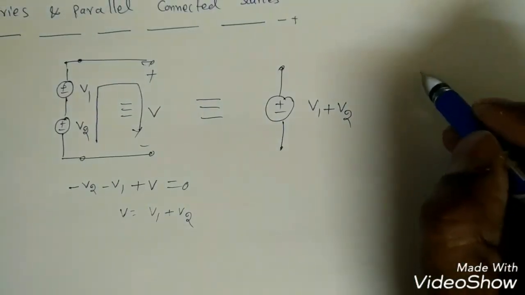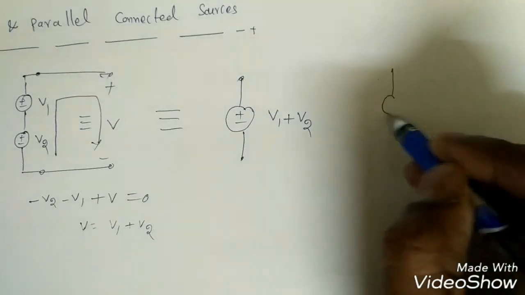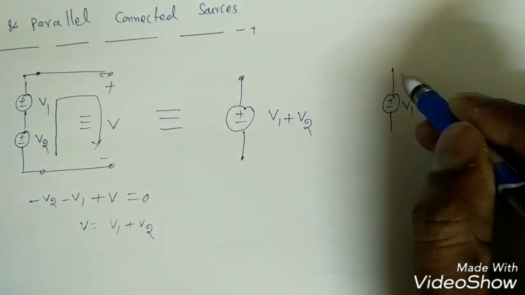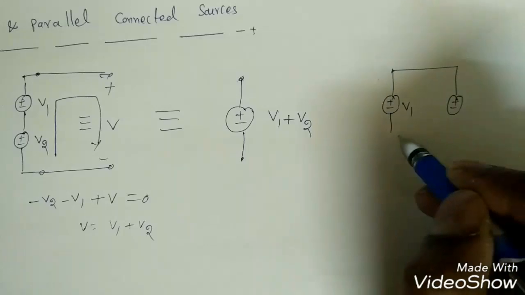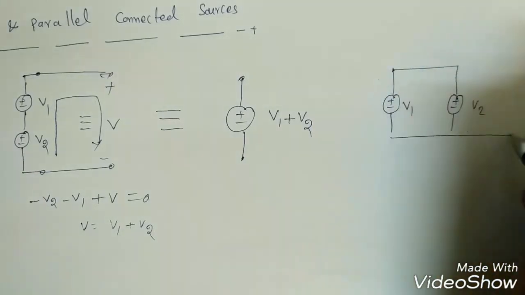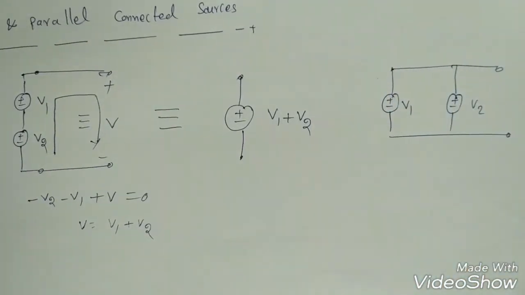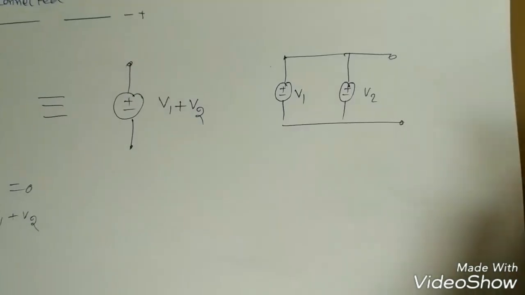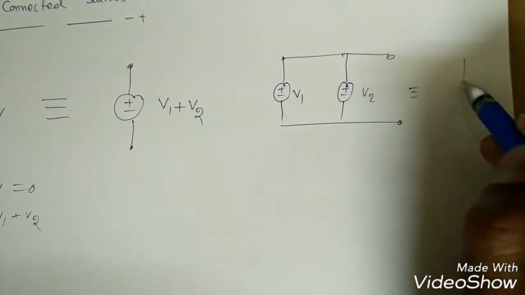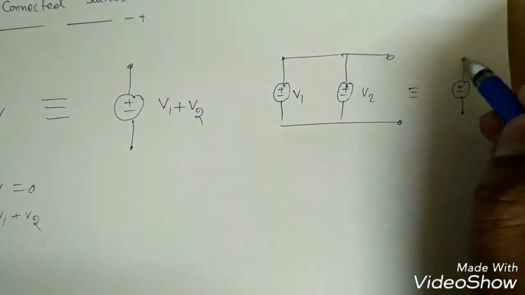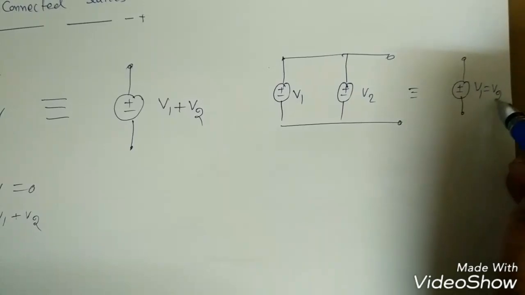Now suppose V1 and V2 are in parallel, like this. Now it can be replaced by simply one voltage source, where V1 is equal to V2.